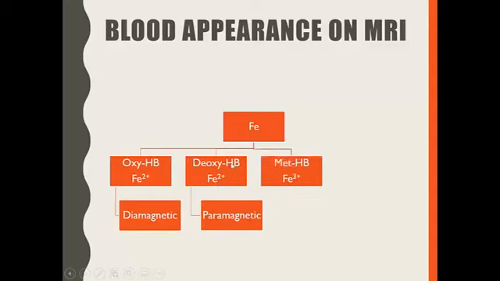The deoxyhemoglobin by time will undergo an oxidative process and will result in what's called methemoglobin. In methemoglobin, the iron atom will be in the ferric state, and it will contain 5 unpaired electrons in its outer shell. So methemoglobin is a paramagnetic compound that will affect the magnetic field.